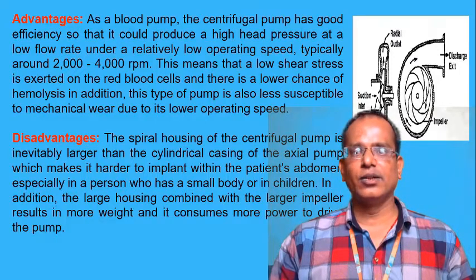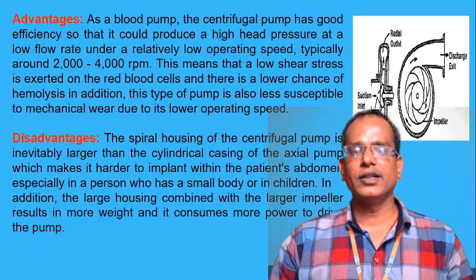This means that low shear stress is exerted on the red blood cells, and there is a lower chance of hemolysis. In addition, this type of pump is also less susceptible to mechanical wear due to its lower operating speed.